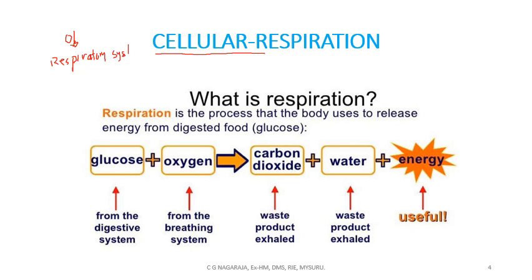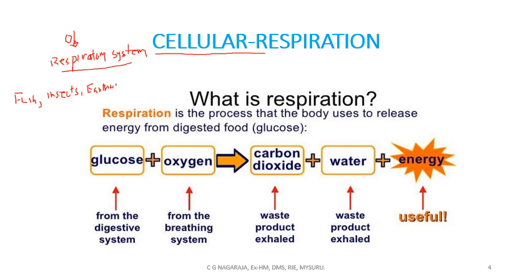Let us think of some multicellular organisms. For example, fish lives in water. Then you have insects, they live on the land. You have reptiles, and you have earthworm that lives in the moist soil.